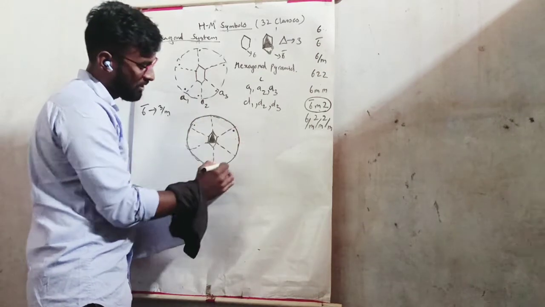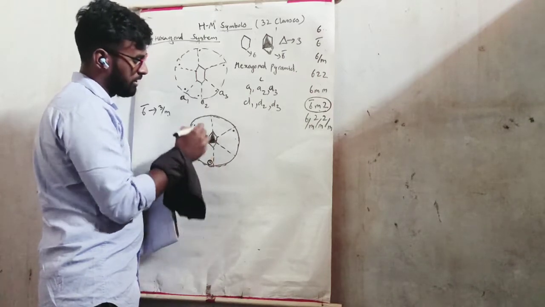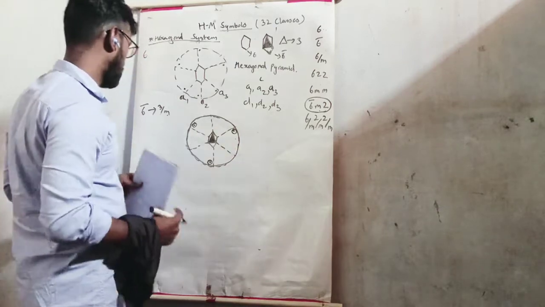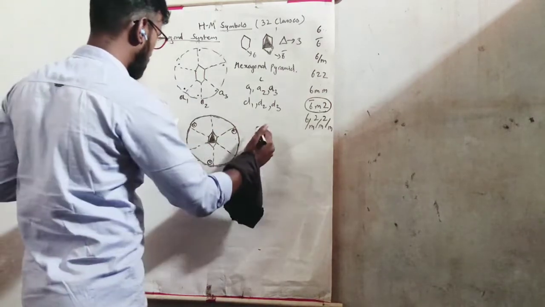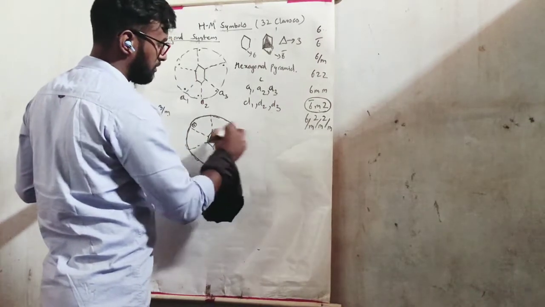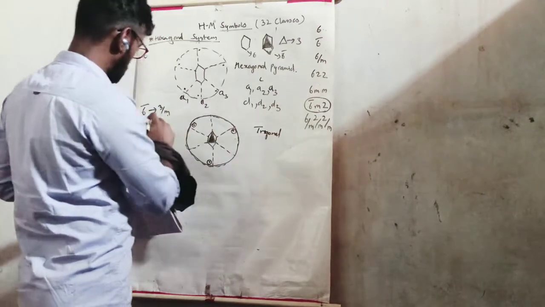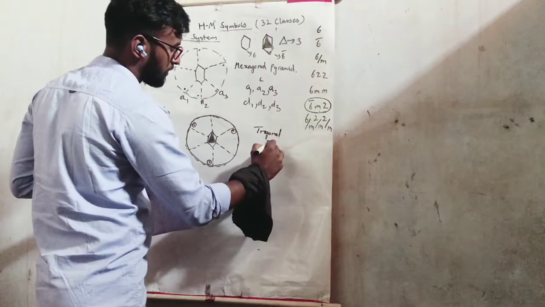And as this is the mirror plane, the projection will have their mirror plane projected in the lower hemisphere also. So this is the 6 bar operation, which is equal to 3 by m. This will be trigonal dipyramid, because 3-fold axis makes it trigonal, and because m is in the denominator, it will be dipyramid.